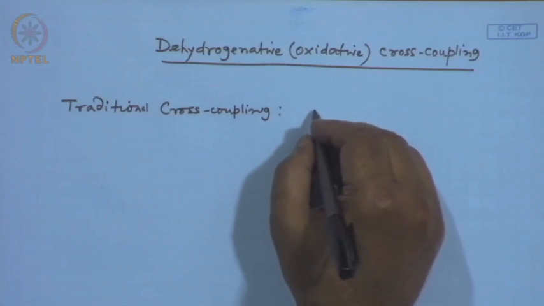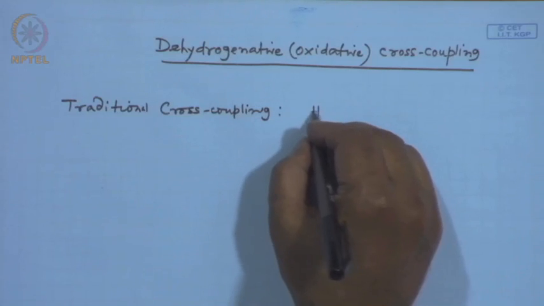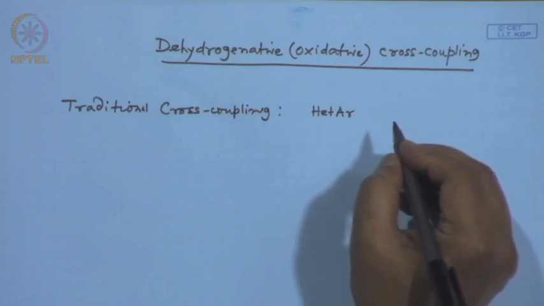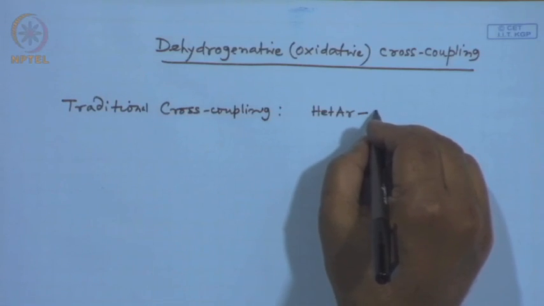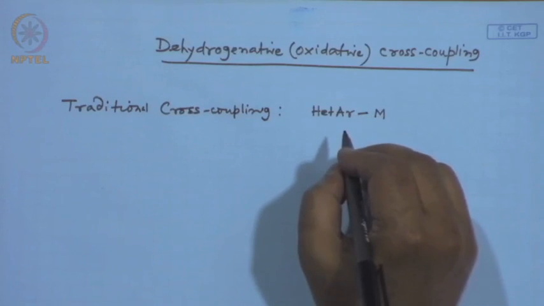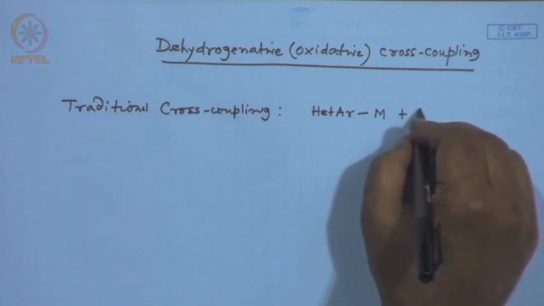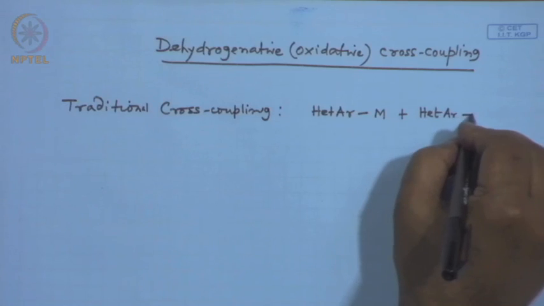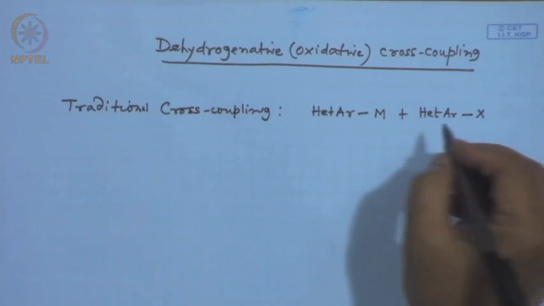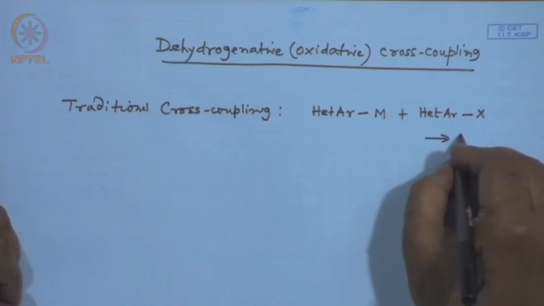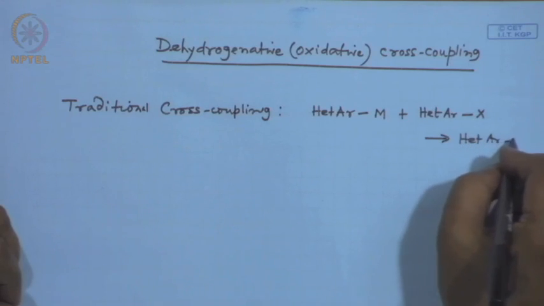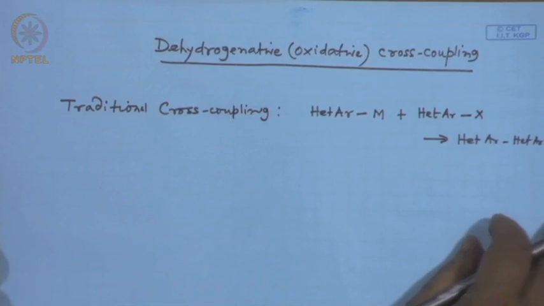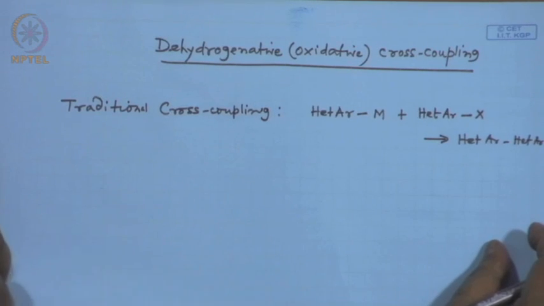Since it is heterocyclic chemistry, I will say Het-Ar means heteroaryl, then a metal or metalloid, and then you take one more heteroaryl, and then X. The product is a heteroaryl-heteroaryl combination, so it's a biaryl product. That is the traditional one.